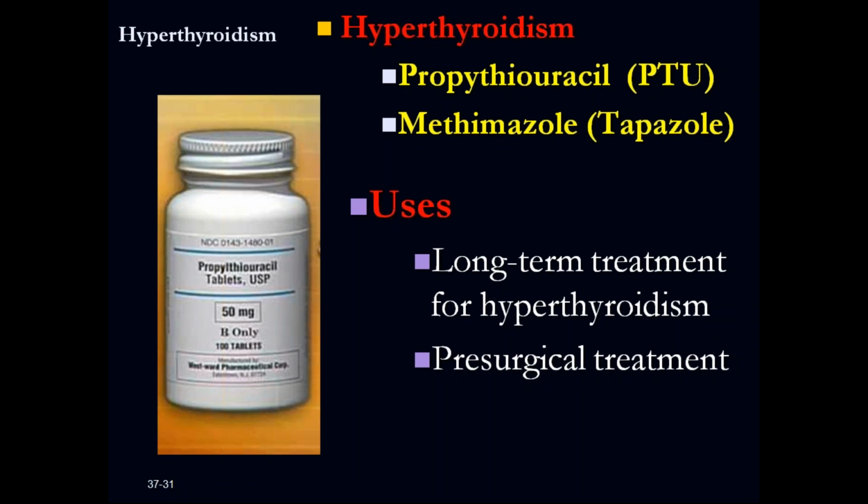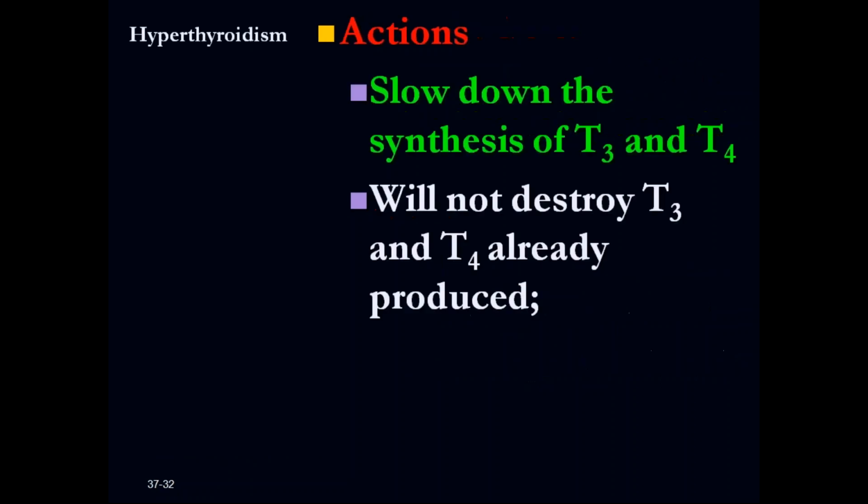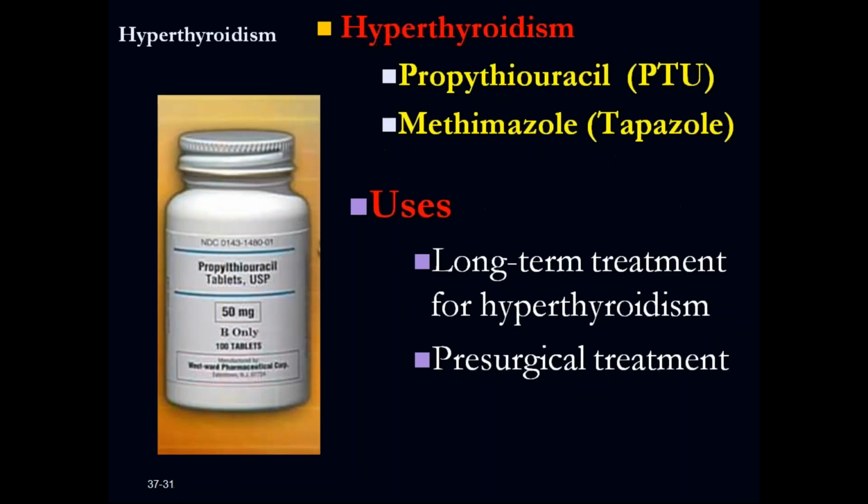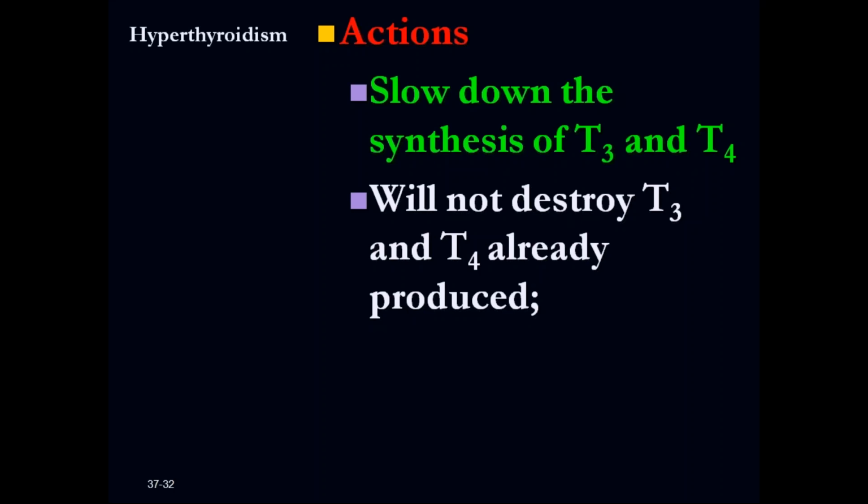PTU or Tapazole are going to decrease the production of more T3 and T4, but they are not going to affect the T3 and T4 already existing in the body. That's why it takes a while to take effect. Okay, so PTU and Tapazole slow down the synthesis of T3 and T4.